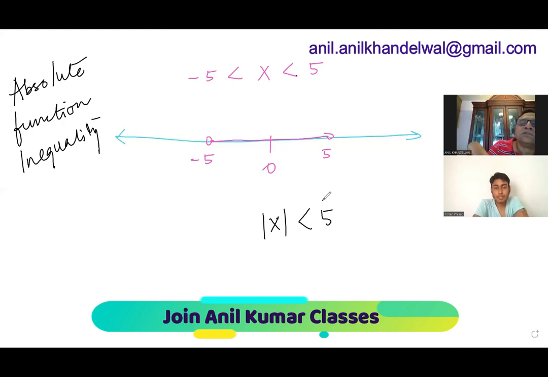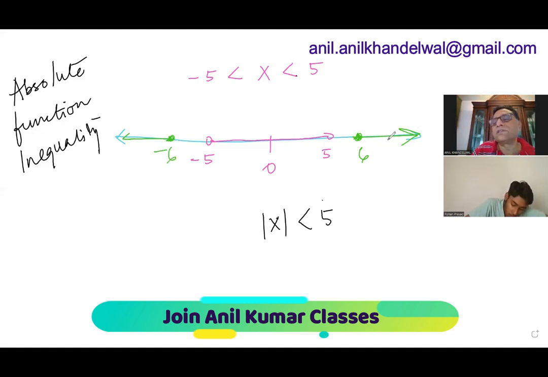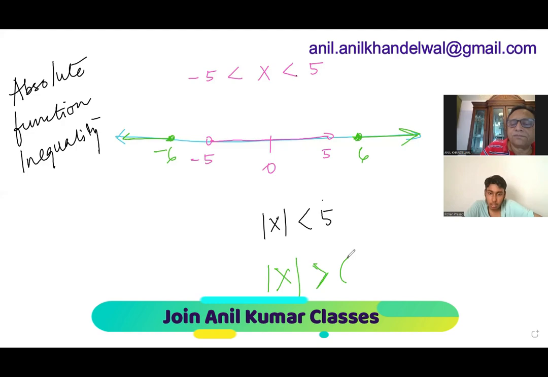Clear? Let me draw another inequality here in green. Let's say we are talking about x greater than 6 or less than minus 6. How am I going to show this inequality as an absolute value function? Would it be absolute value of x is greater than 6? You're right, and equal to, because I filled in the circles.